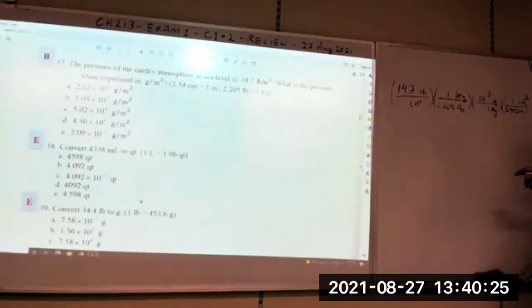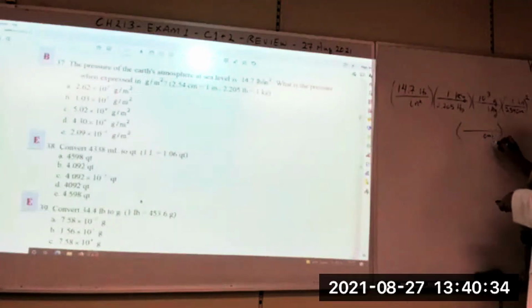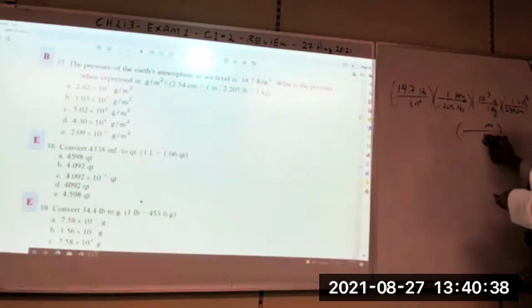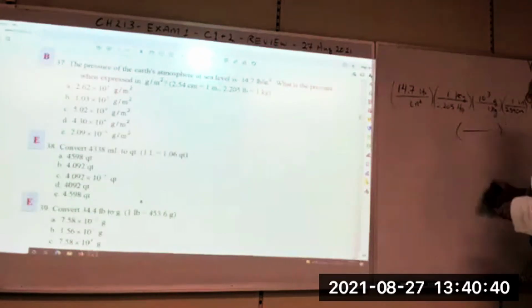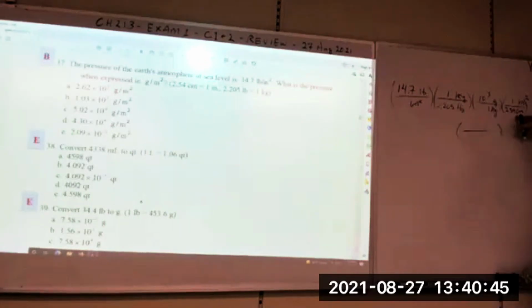Now we need to convert, we're headed for meters, square meters. Centimeters to meters. Upside down, right? We got rid of square inches, but we need to get rid of square centimeters.